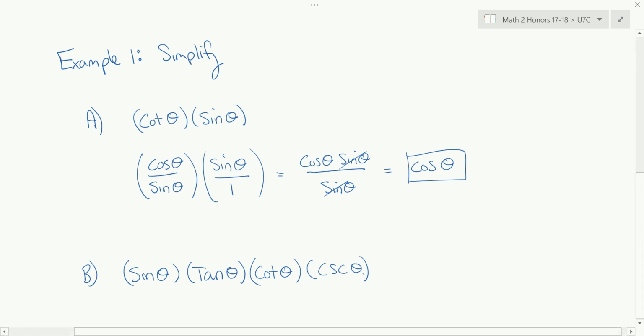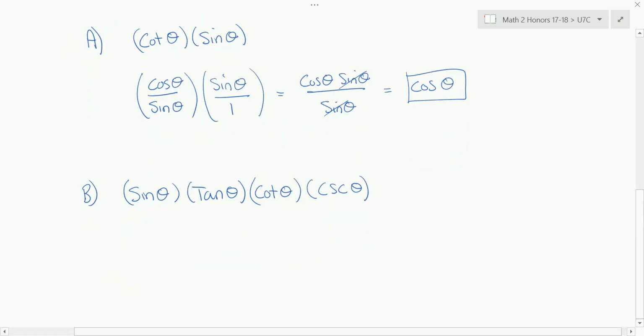So again, a technique when you're simplifying is to first get everything in terms of sine and cosine. There are other techniques out there, but if you're at a dead end and not sure what to do, you can always fall back on this one.